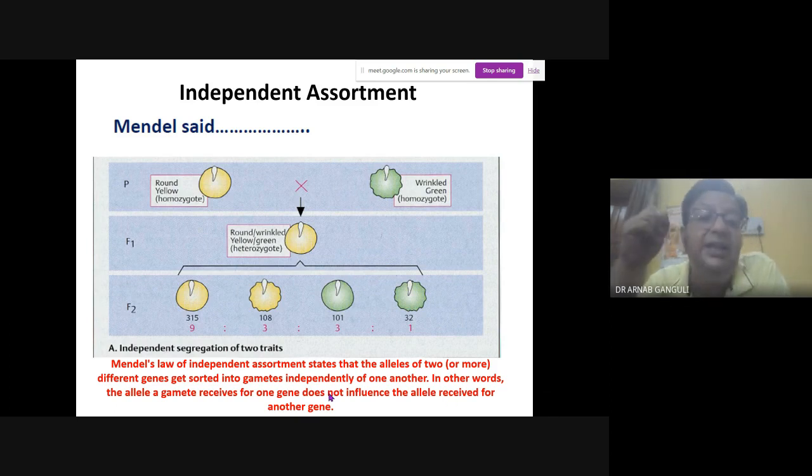So the allele of round did not interfere with the allele for green color, which is another gene. So the alleles of seed shape and the alleles of seed color did not interfere with each other. So yellow did not interfere with round, or green did not interfere with wrinkled. It can be any combinations.